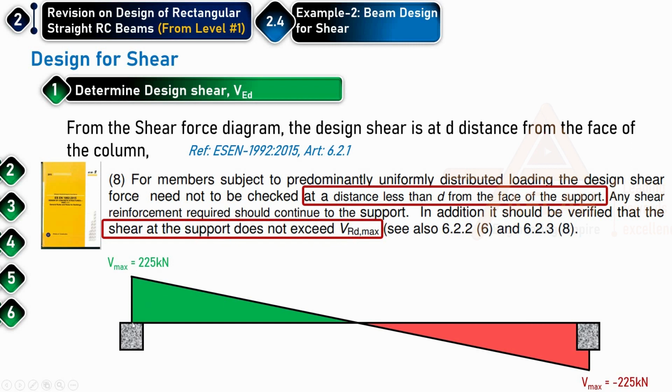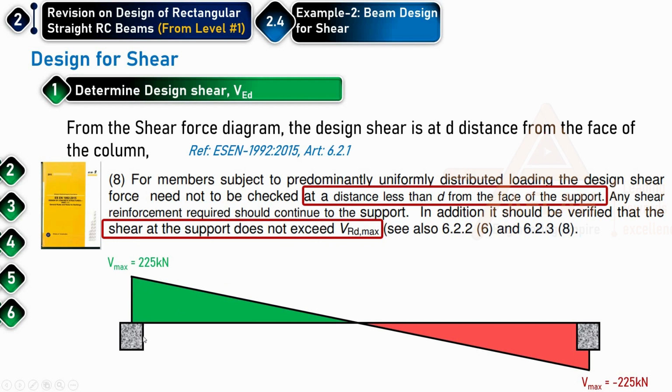At the support means here at the center of the support. However, if you have a column here, this column may have a height or a length at the bottom or maybe at the top. So when the beam comes here with a depth of 500, once it passes this face, it will have a different depth that's very large, because it's a column here. So we need to check if there is a column support here or a wall.